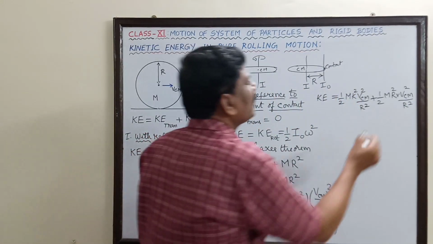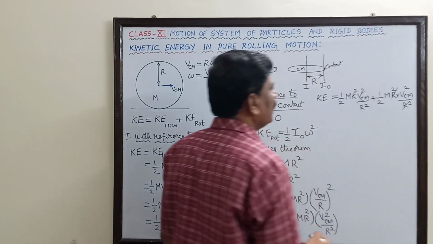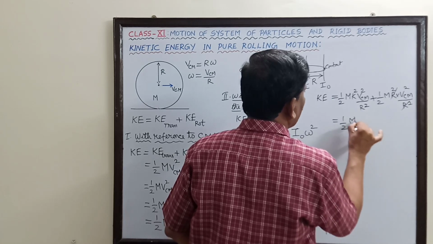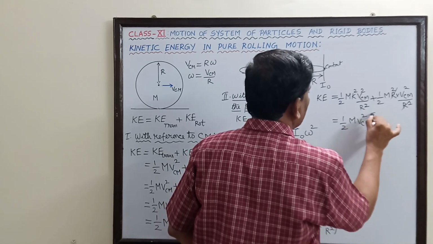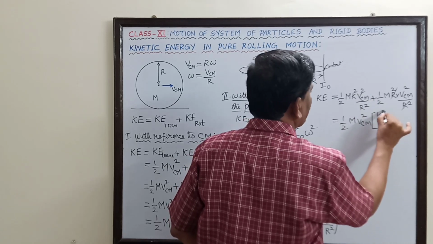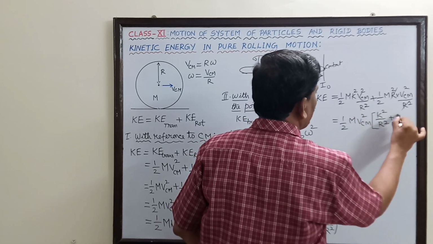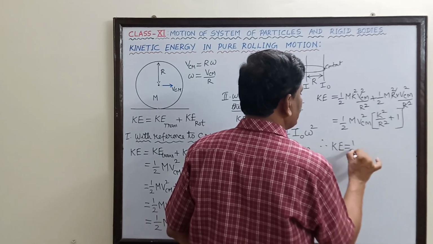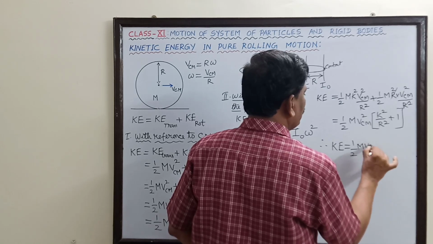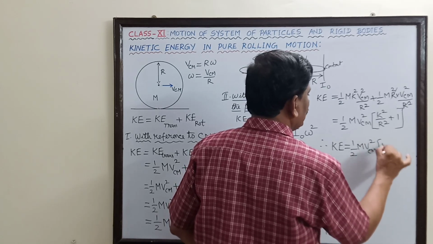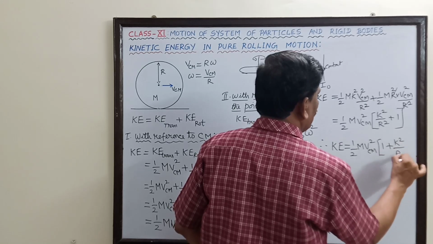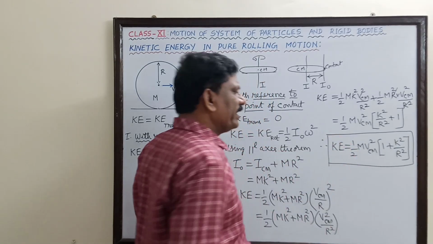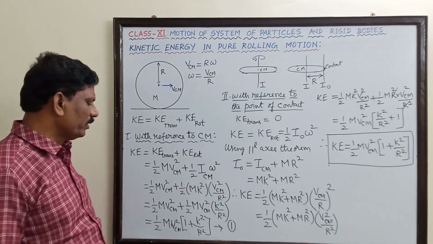Here this r square and r square get cancelled. Now I take the common factor. So this is equal to half into m into v square CM into (k square by r square plus 1). Therefore the total kinetic energy of rolling motion is equal to half into m v square CM into 1 plus k square by r square. This is the expression for the kinetic energy due to rolling motion.